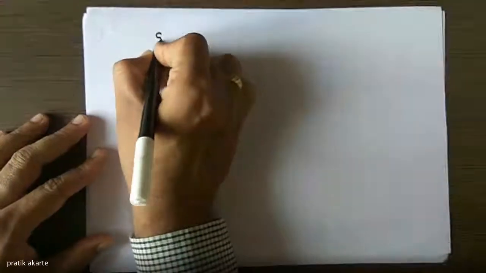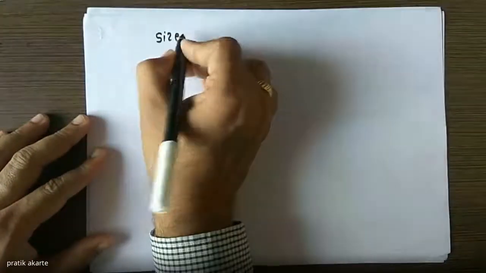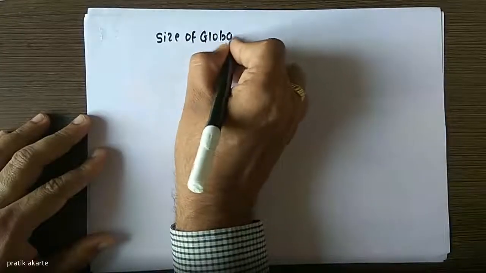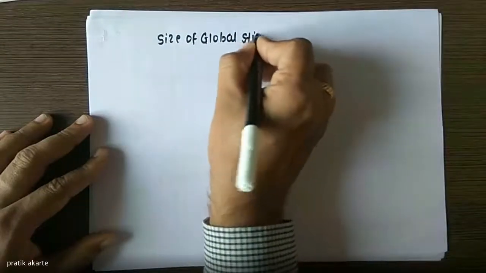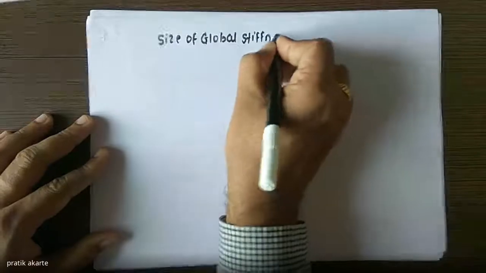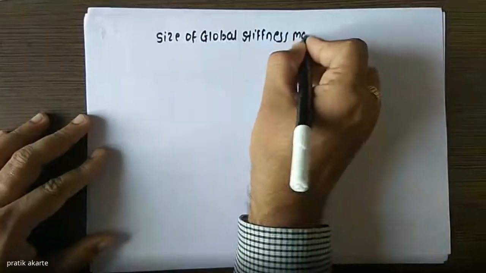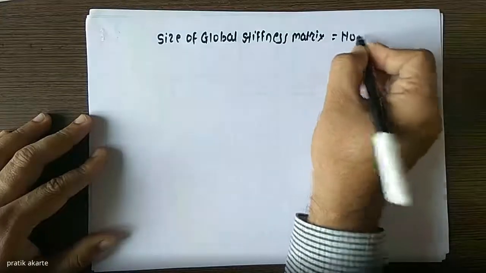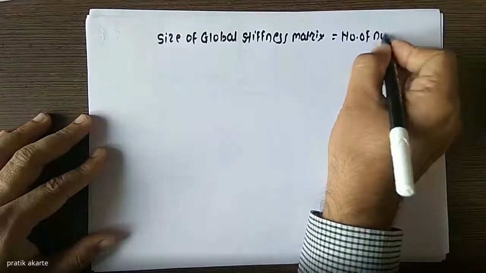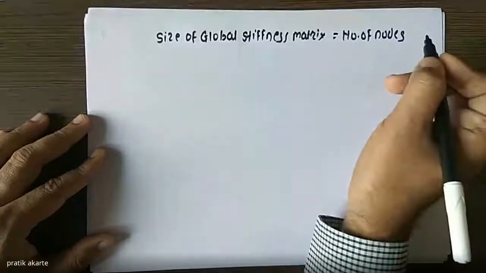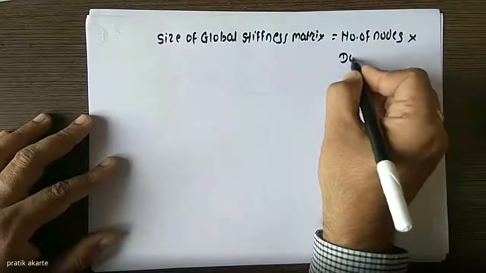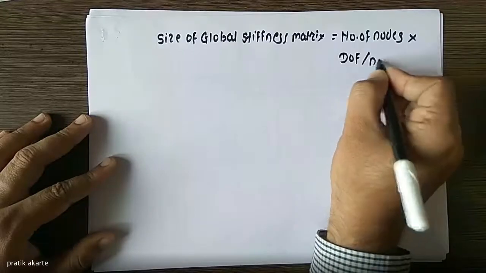So roughly, the size of the global stiffness matrix is equal to the number of nodes available for that object into degrees of freedom per node.